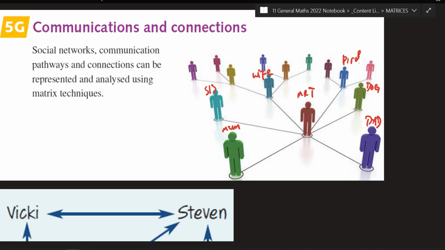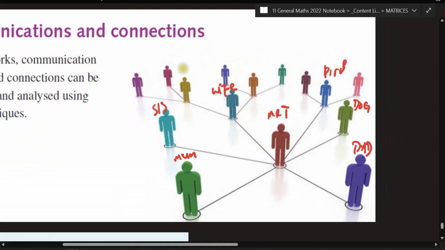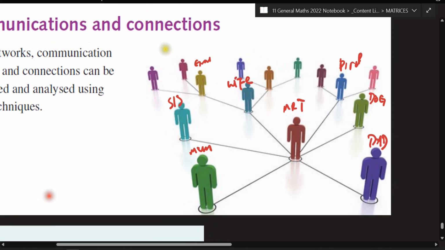They're basically representations of who, in this case, and I think a lot of the time it's something to do with communications. With the questions that we do, I can communicate with mum, sister, dad, dog, wife. Wife can communicate too. This could be grandma, for example, or whoever it is, really. It represents connections between people.